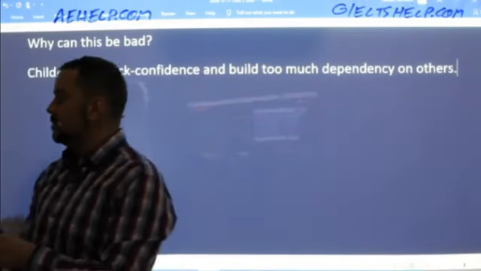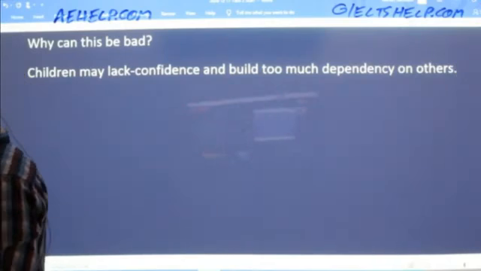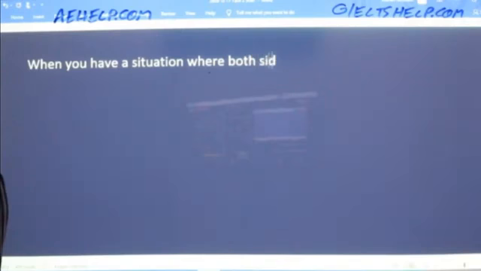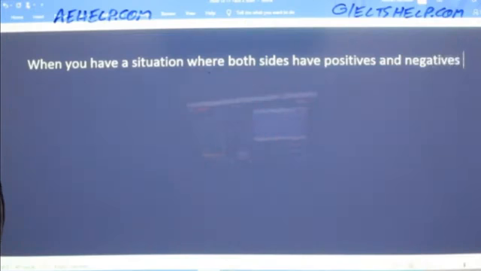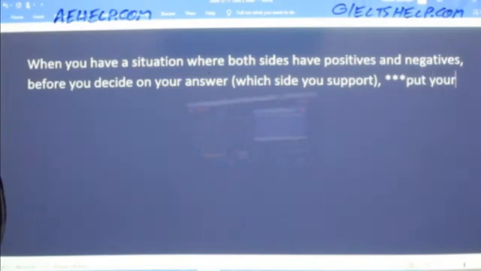So when you have a situation where both sides have positives and negatives, before you decide on your answer, I mean, which side you support, put yourself into the situation.